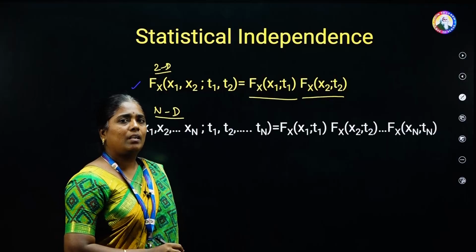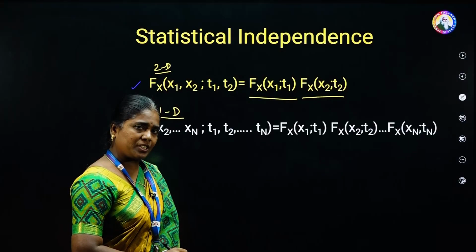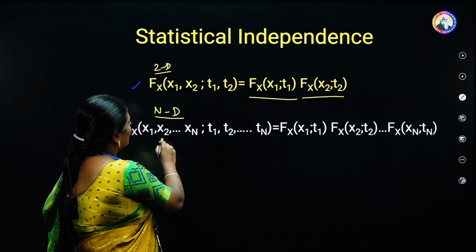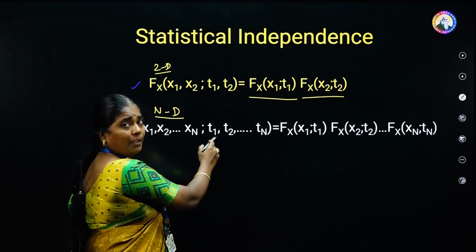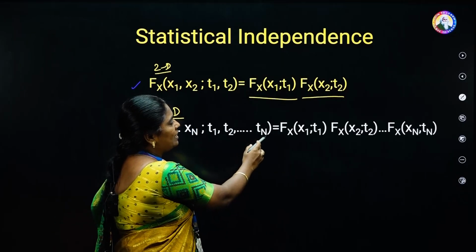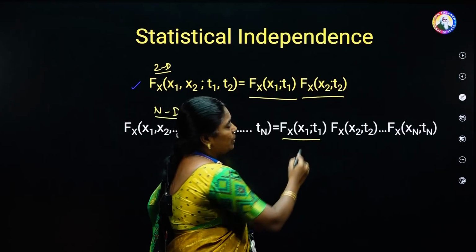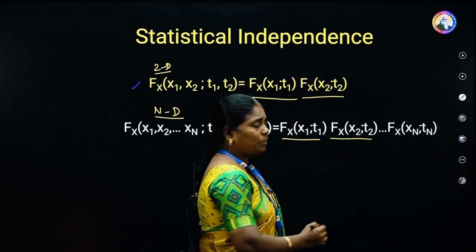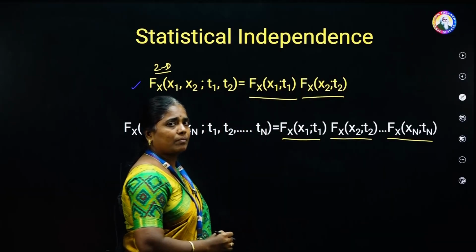That means the nth order joint distribution function, capital F_X(x1, x2, ..., xn; t1, t2, ..., tn), is equal to F_X(x1; t1), F_X(x2; t2) and so on up to F_X(xn; tn).